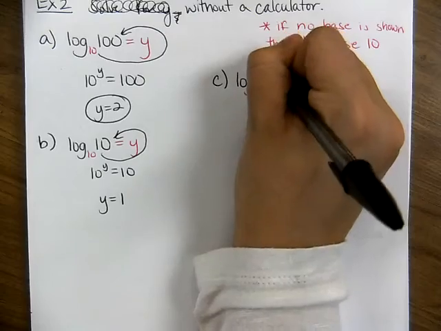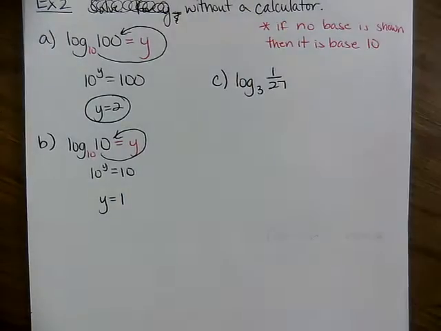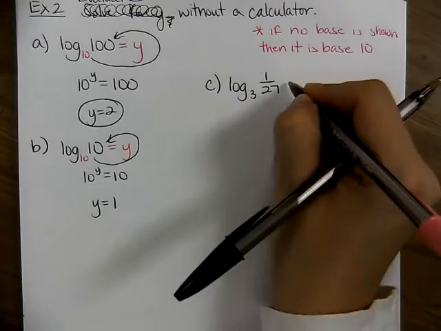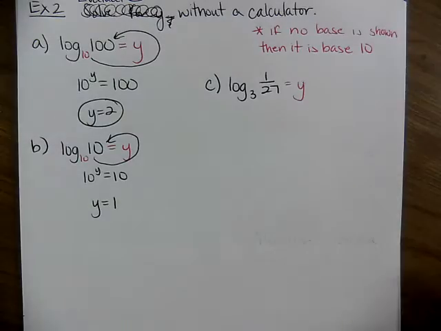Log base 3 of 1 over 27. So we set this equal to y, right?